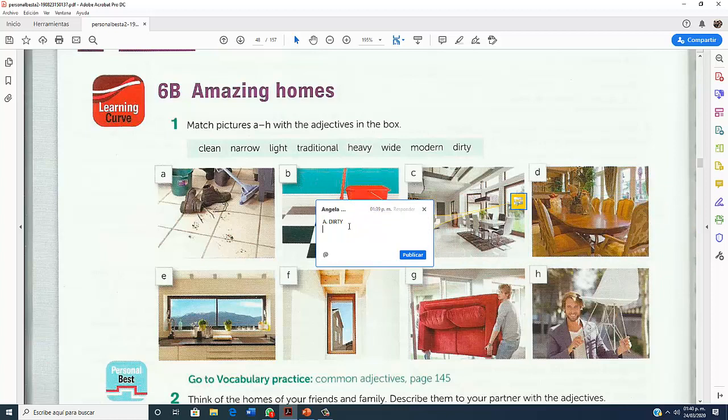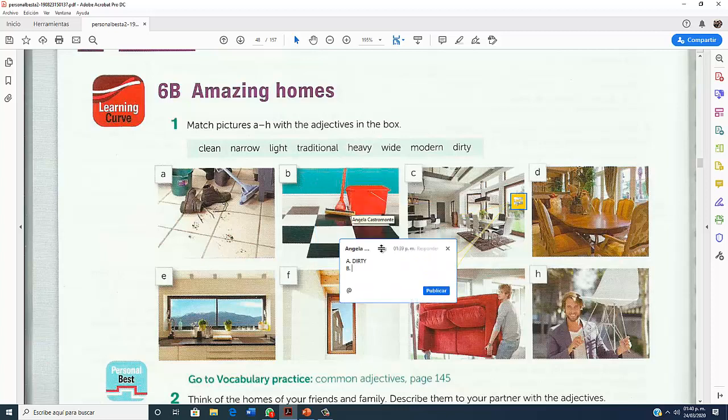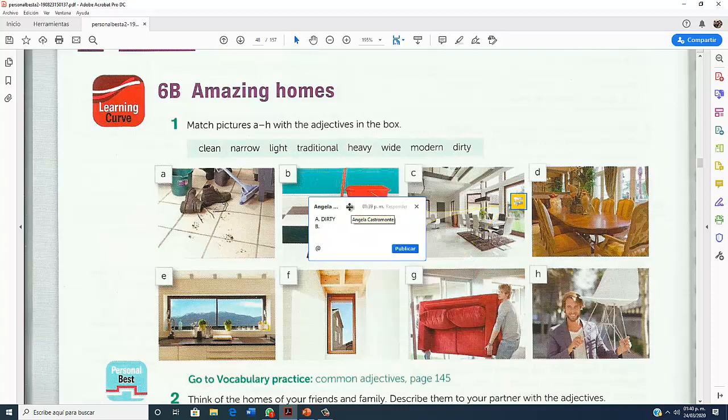In letter B, there we can see the floor, and in this case it is the opposite of picture A, so that's a clean place, a clean room. We can say that the floor is clean in that case.